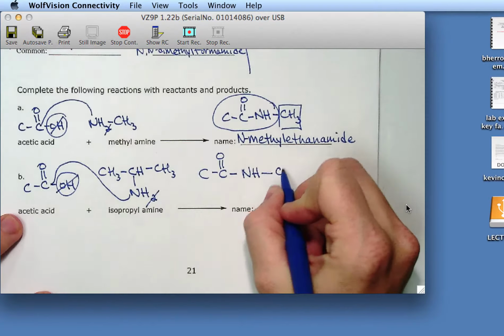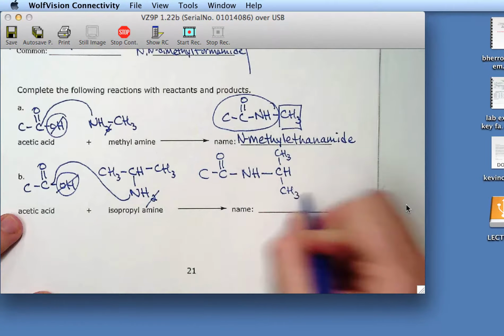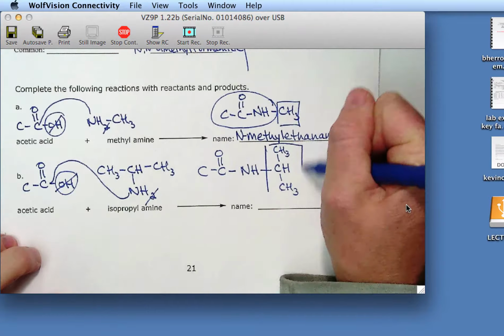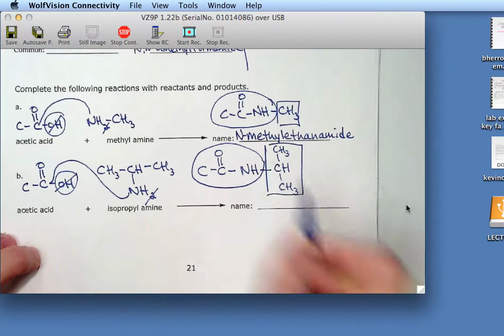So I'm going to go like this. What do I square? What do I circle? Right, so square, it's really more of a rectangle, and then circle, oval.